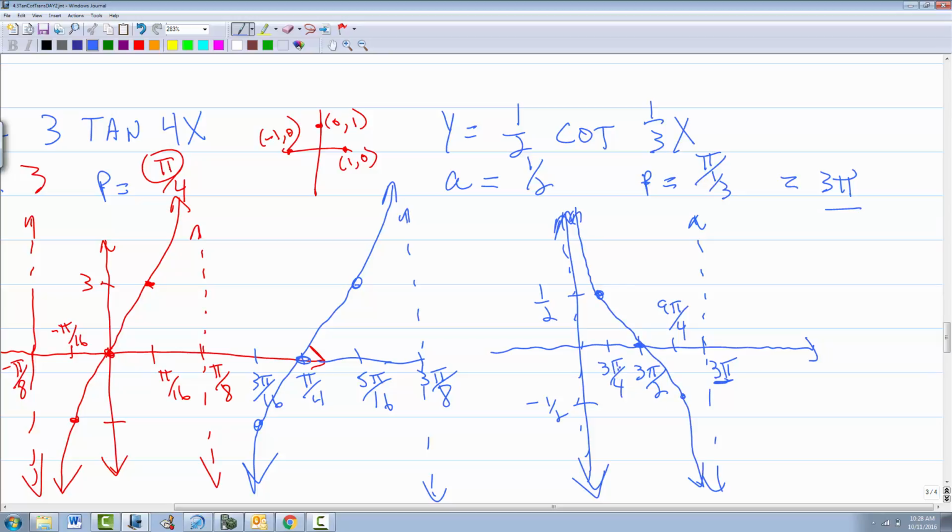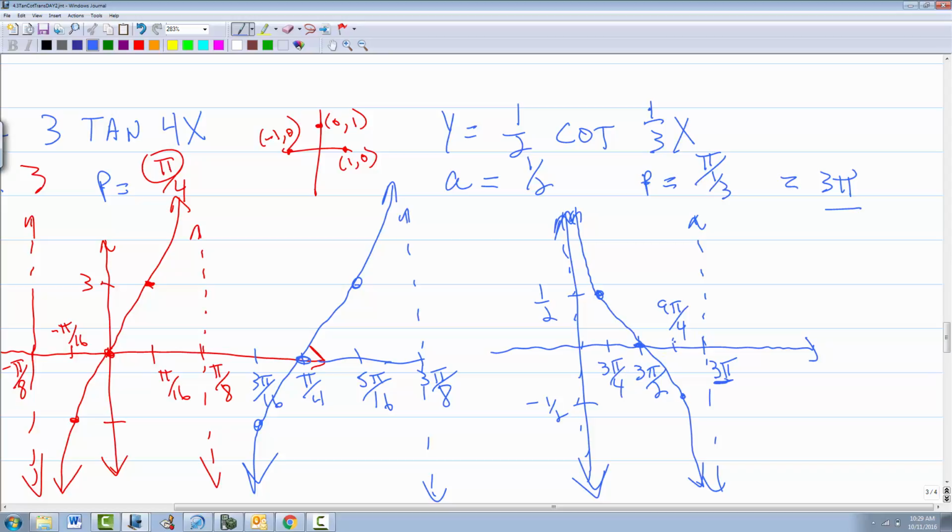Don't blow a brain gasket. 3 pi over 4 times a third is pi over 4. What's the cotan of pi over 4, which is a 45? What's the cotan of 45 degrees? 1, but then 1 times a half is a half. So that is the a value, not the negative a value.